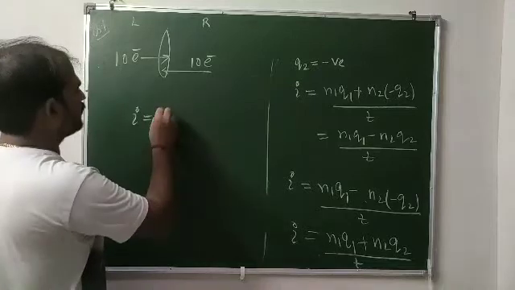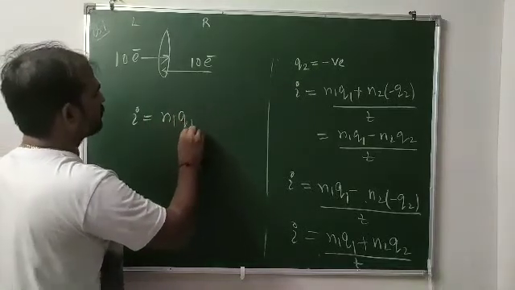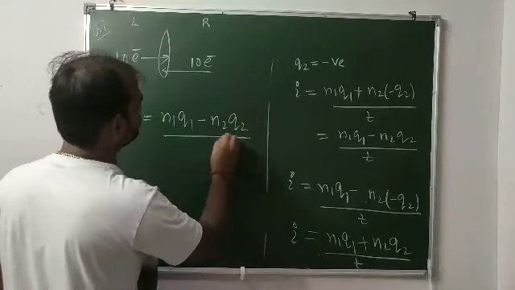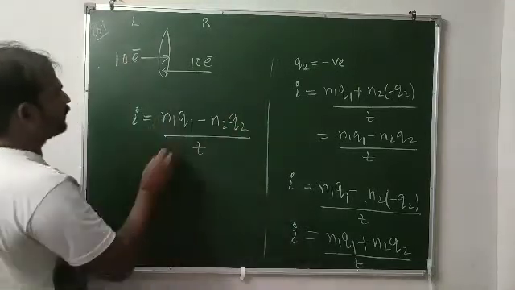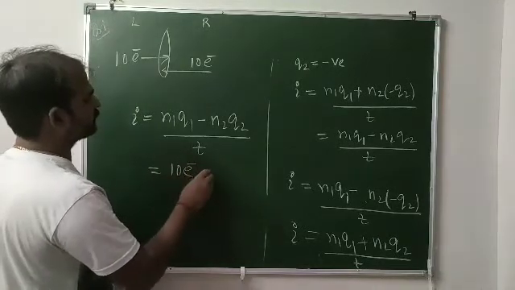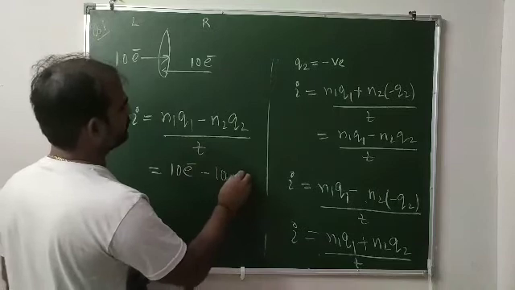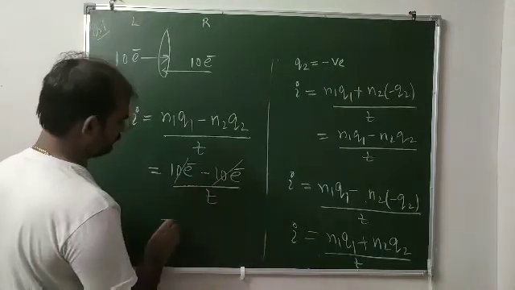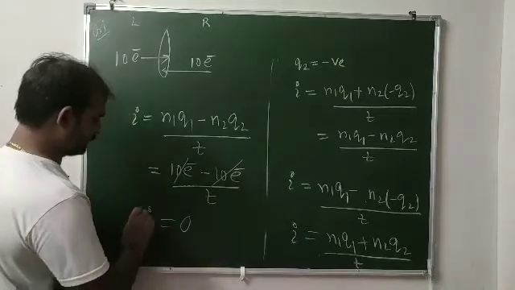So in place of N, the formula is (N1 Q1 minus N2 Q2) upon T. Put the value of N1, which is 10, this is the charge on electron, and N2 is also 10, again the charge on electron, upon T. So this will be cancelled, and your electric current will be 0.